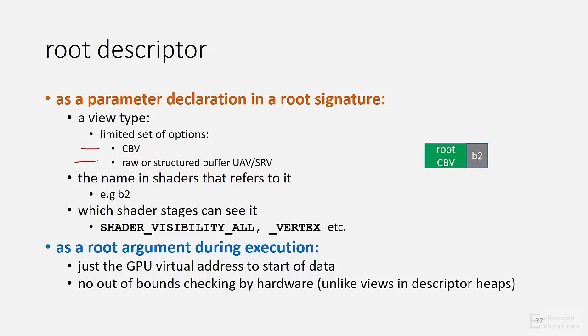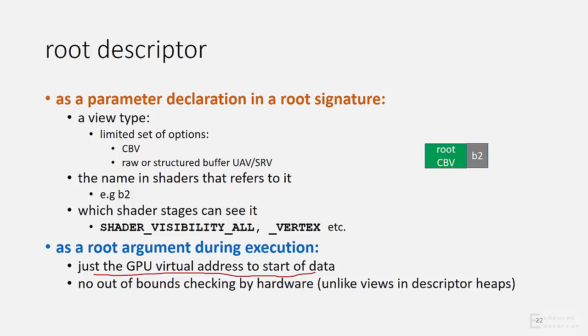So, most notably, more complicated descriptor types, such as, for example, a texture 2D shader resource view, can't be used with root descriptors. And the reason for that is the way that root descriptors are represented at execution time as root arguments is simply using a GPU virtual address to the start of the data in memory.